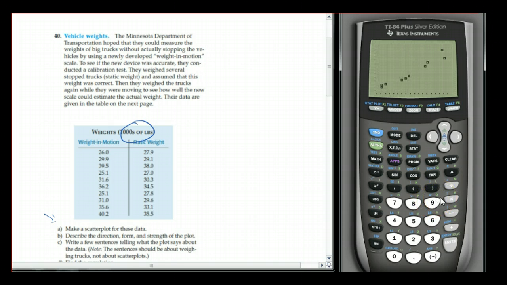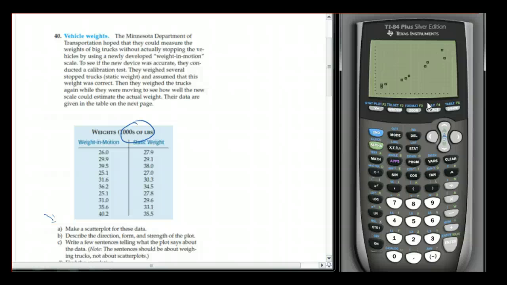Okay, so on the x-axis we have the weight in motion, while the trucks are in motion, and on the y-axis we have the static weight. Ideally, obviously, we want it to be a straight one-to-one representation.